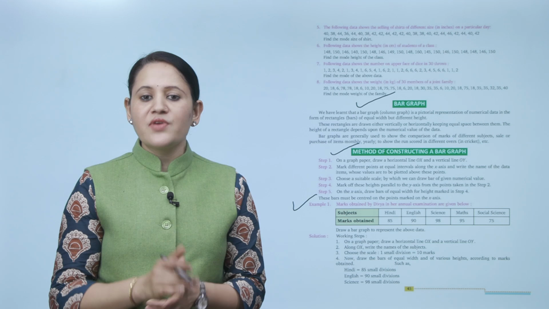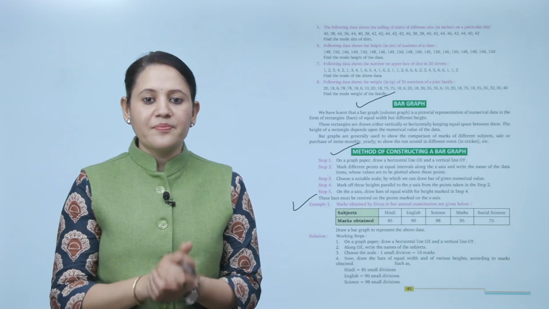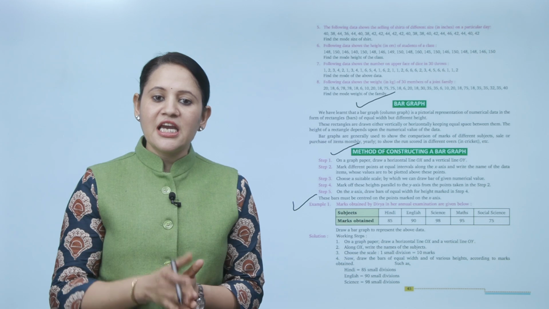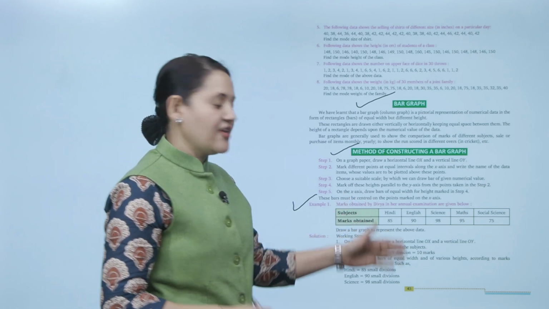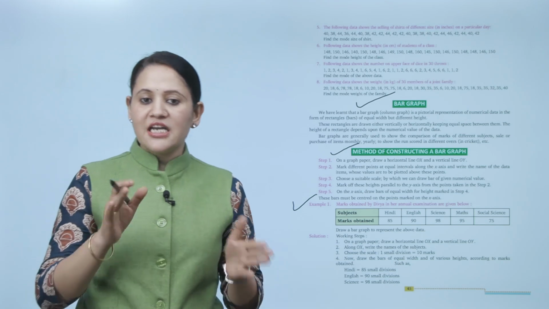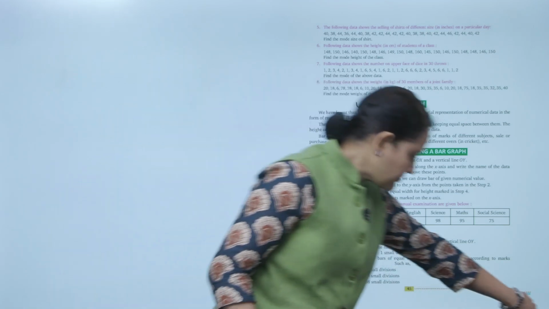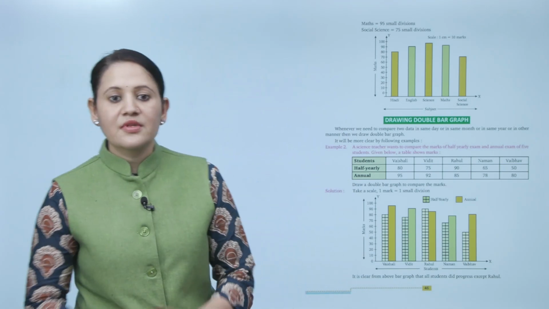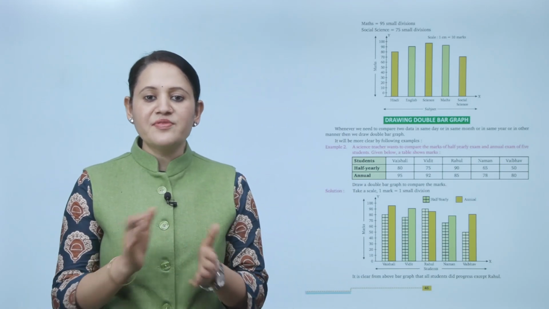Now draw the bars of equal width and various heights according to marks obtained. Such as Hindi 85, English 90, Science 98, Maths 95 and Social Science 75.